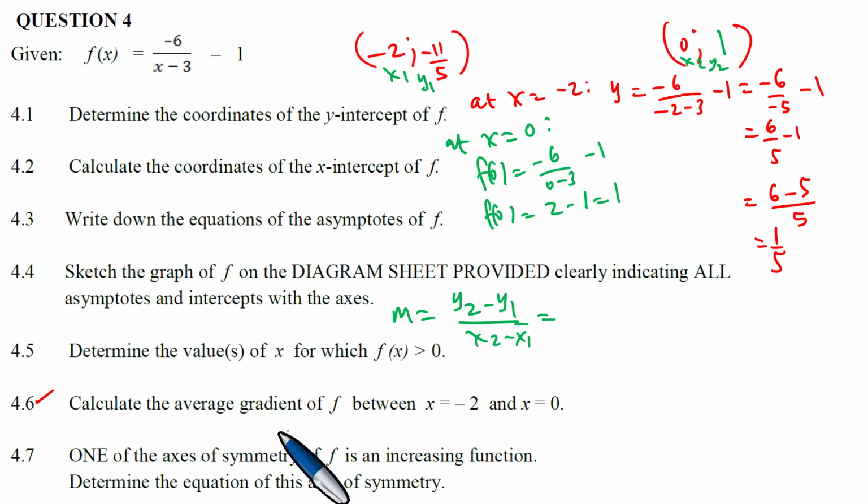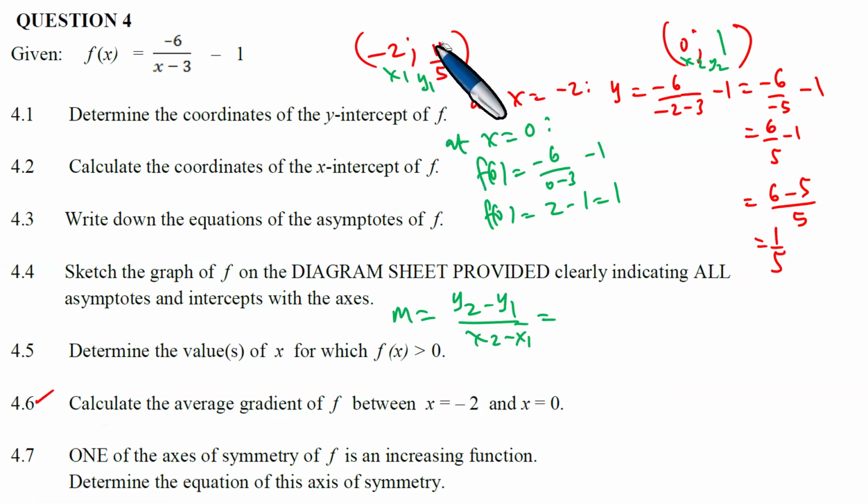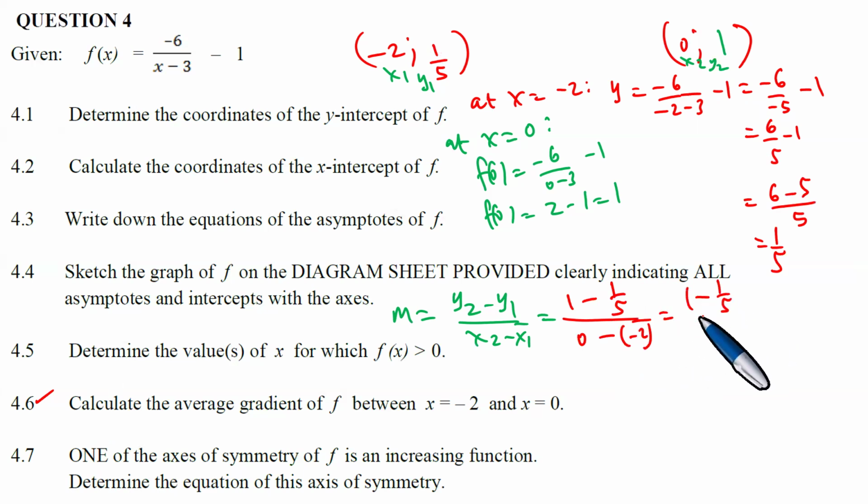Okay, because we want to find the average gradient, and average gradient is given by the formula y2 minus y1 over x2 minus x1. So you come here, you remove this one and this one, 1/5. Y2 is 1, y1 is 1/5, x2 is 0, x1 is minus 2. 1 minus 1/5 divided by 2, which is 5 minus 1 out of 10.